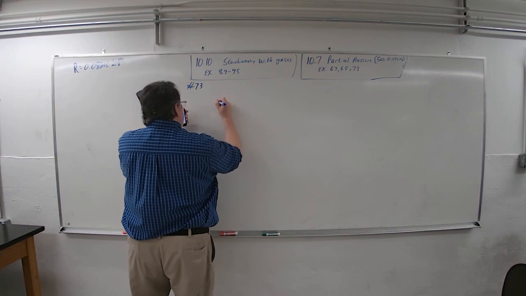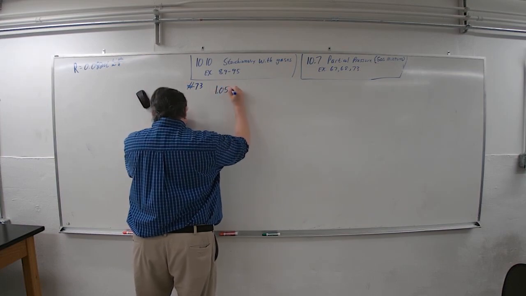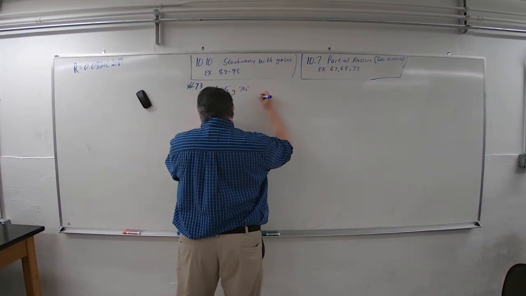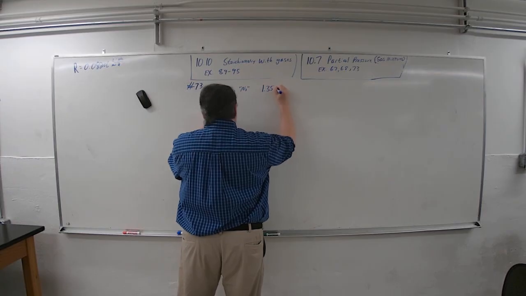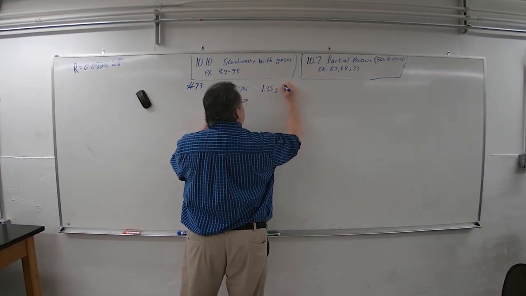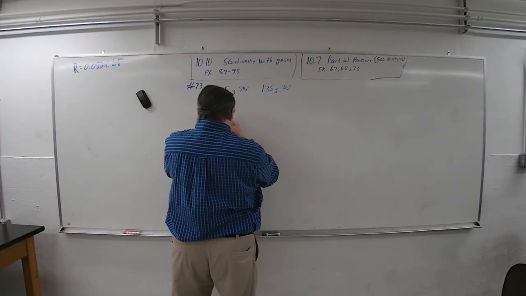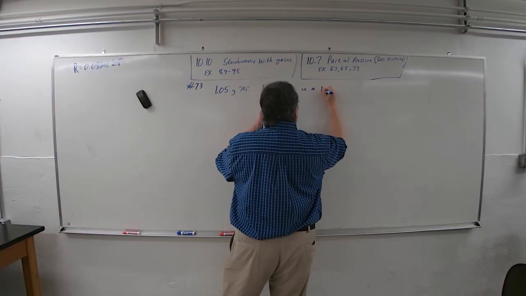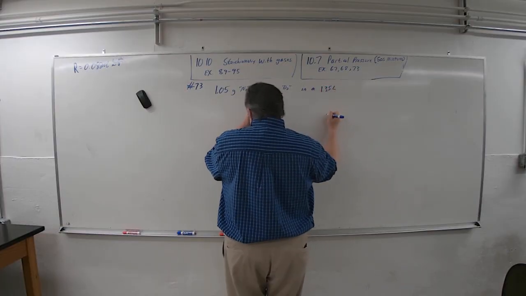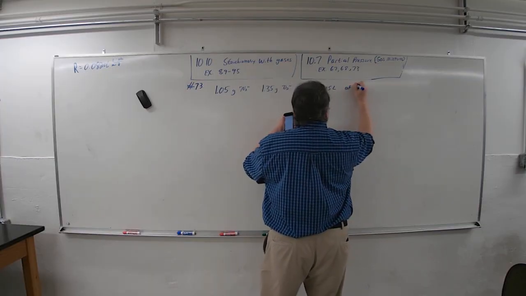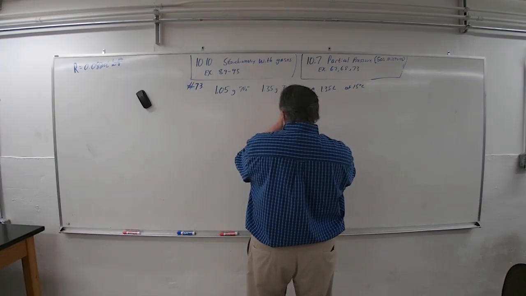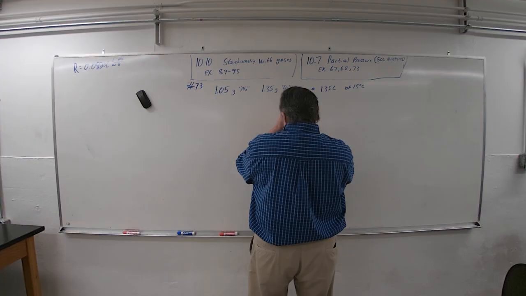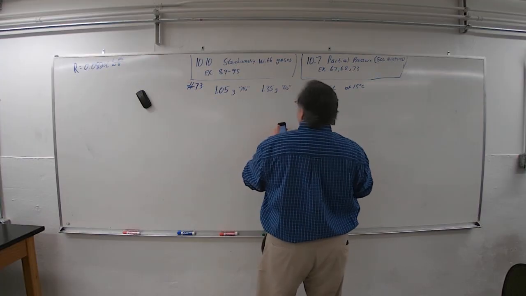I want to get to a mixture that contains 1.05 grams of N2 and O2 in a 1.35 liter container at 15 degrees C. Calculate the mole fraction and partial pressure of each component.